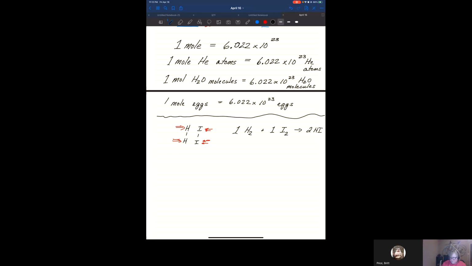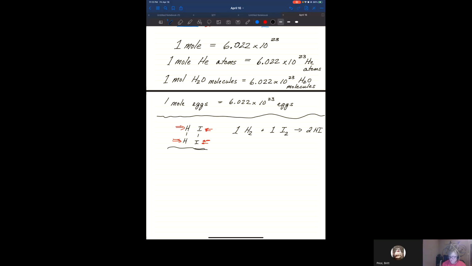We understand it on a submicroscopic level, on the particulate or atomic level, as 1 molecule with 1 molecule. But if we want to talk about calculations, if you want to talk about doing it in the lab, I most certainly cannot pick up individual hydrogen molecules, H2 molecules. I can't do the same thing with I2.